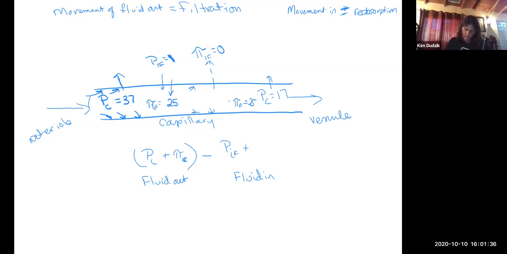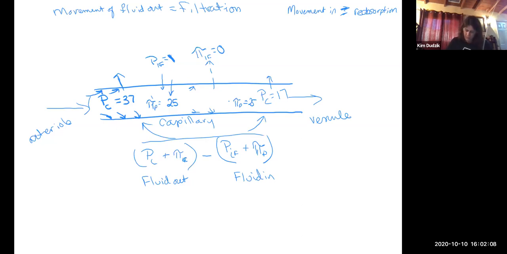Oh, this one, the colloid osmotic pressure of the plasma, right? So this is in, okay? Then we're gonna do that at the arterial side. All of this, we're gonna look at it from the arterial side, and then we're gonna do the equation again from the venular side.